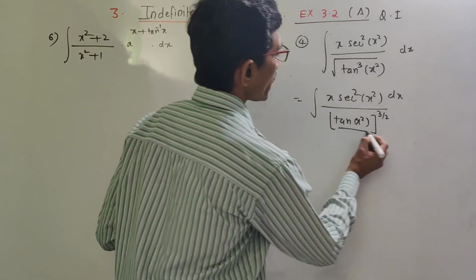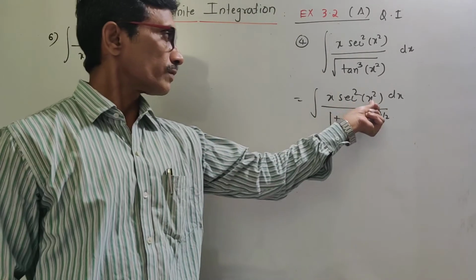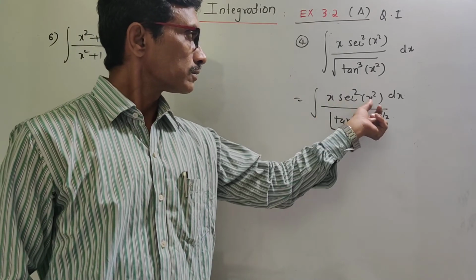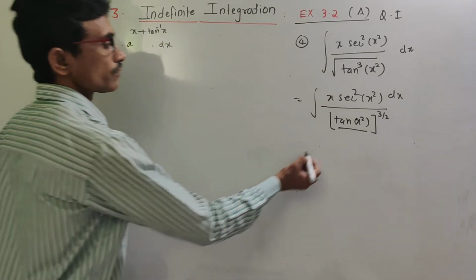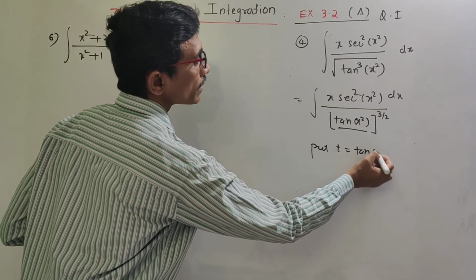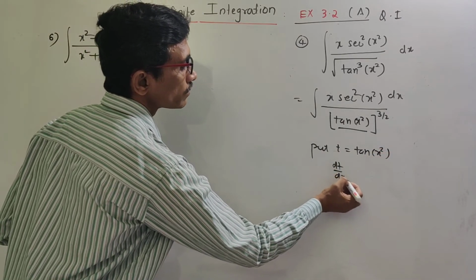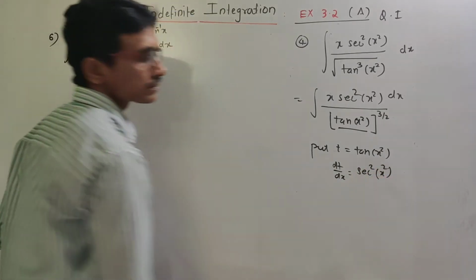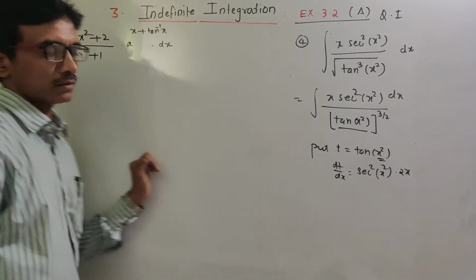Then derivative of tan f(x) is sec square f(x) into f dash of x. So sec square f(x) and f dash of x means derivative of x square, which is 2x. So this is derivative of this. So we put t is equal to tan of x square, dt by dx is equal to derivative of tan, which is sec square f(x) into f dash of x, meaning derivative of x square.